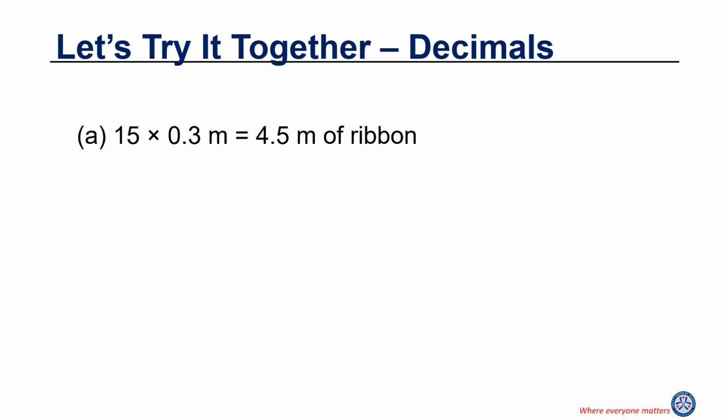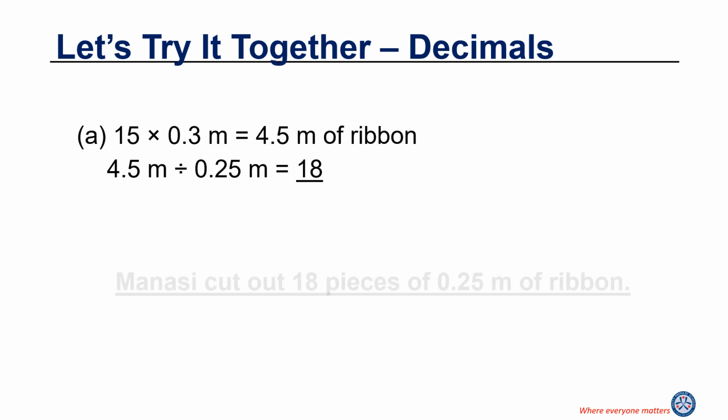Manasi would have cut out 4.5 meters of ribbon too, since each piece cut out by Manasi was 0.25 meters. She would have cut out 4.5 meters divided by 0.25 meters, which is 18 pieces of ribbon.